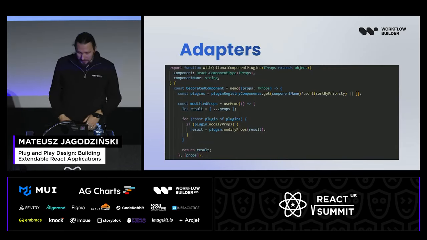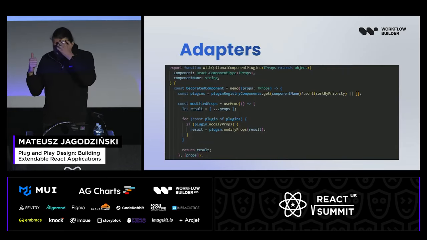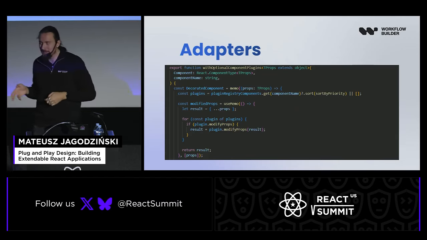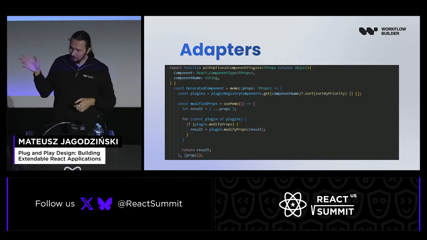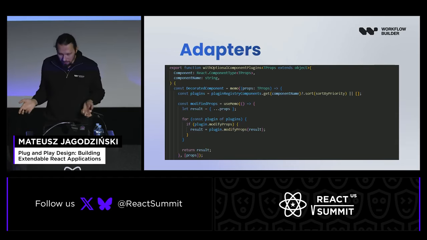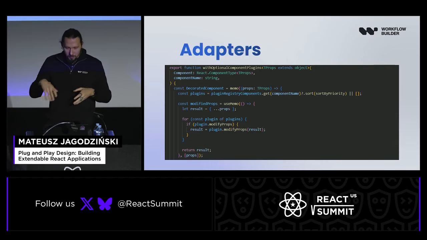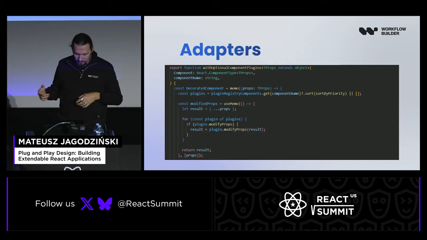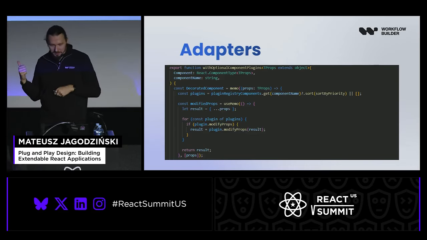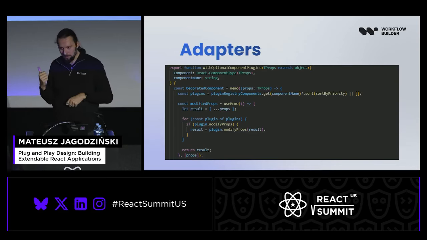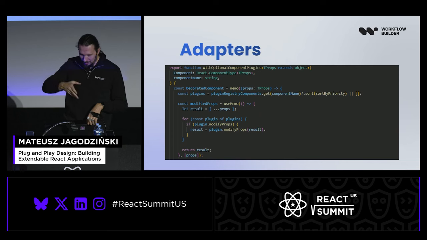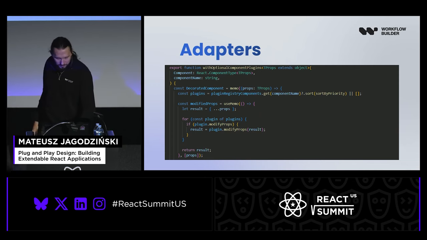So the first thing, adapters. Here's an example of the code. We have essentially a wrapper with optional component plugins. It's a wrapper that allows us to wrap any React component with additional logic. The first piece allows us to modify props of any component. We have a plugin that defines a function that modifies those props.